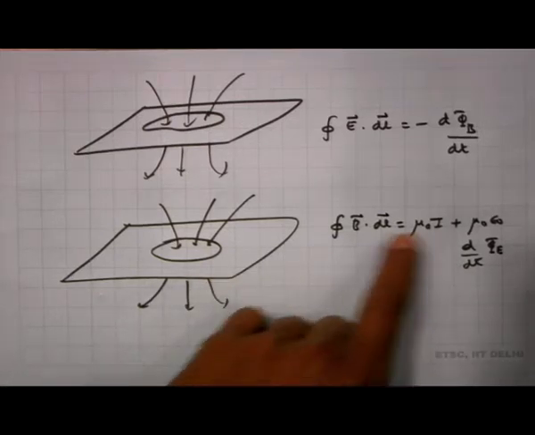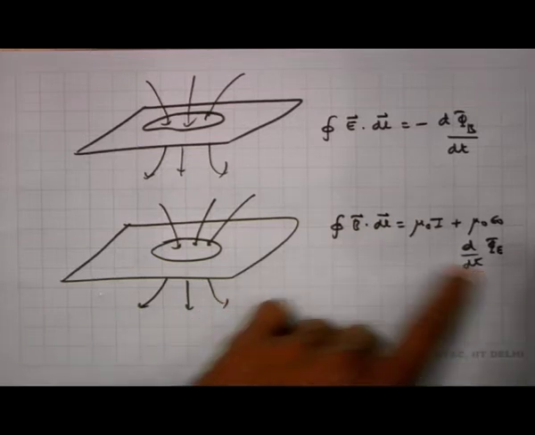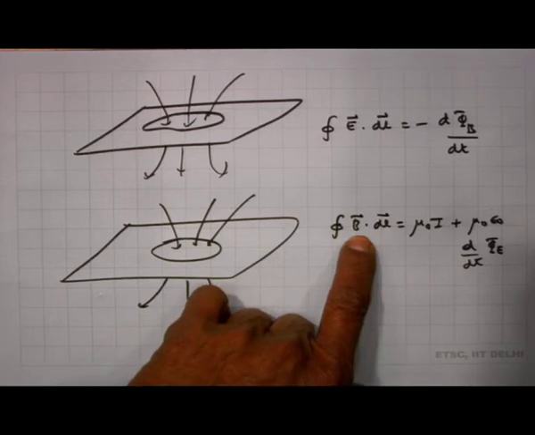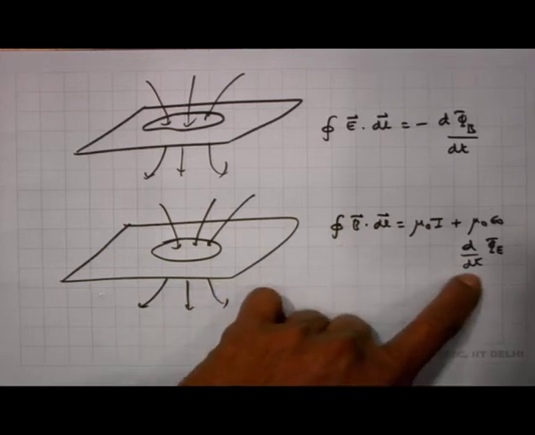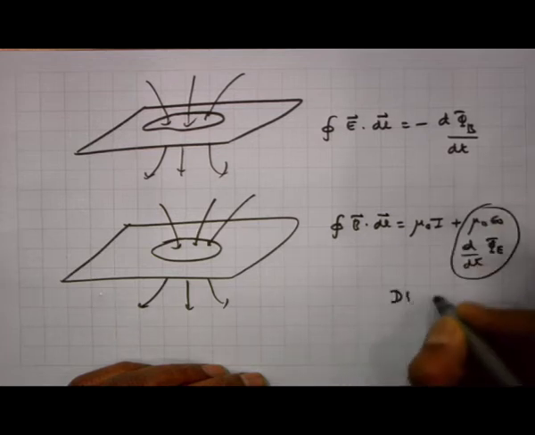That means currents can generate magnetic fields, or changing electric flux can also generate magnetic fields. This term is the displacement current, which we have discussed before.